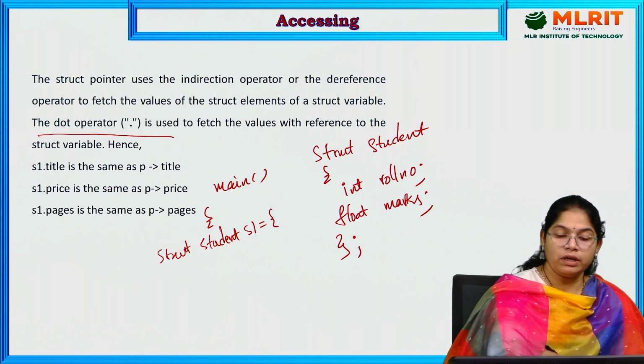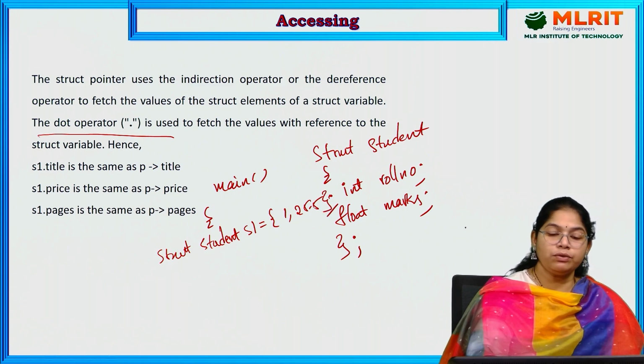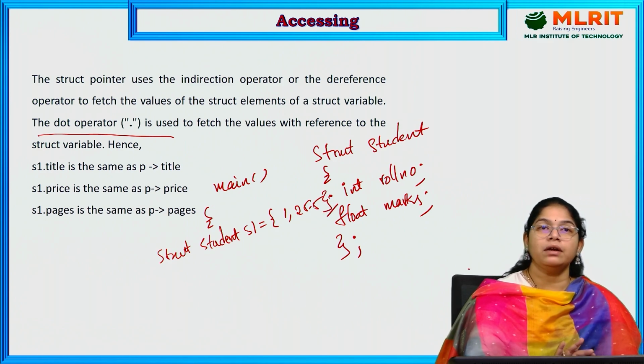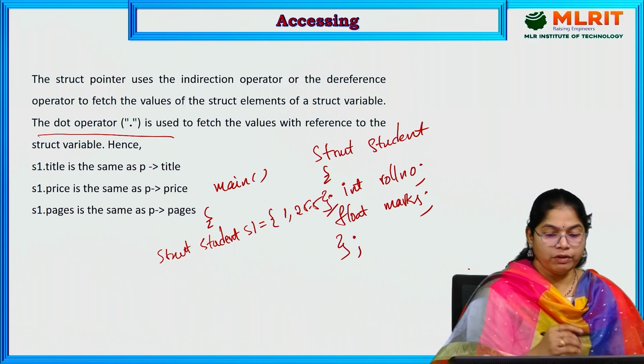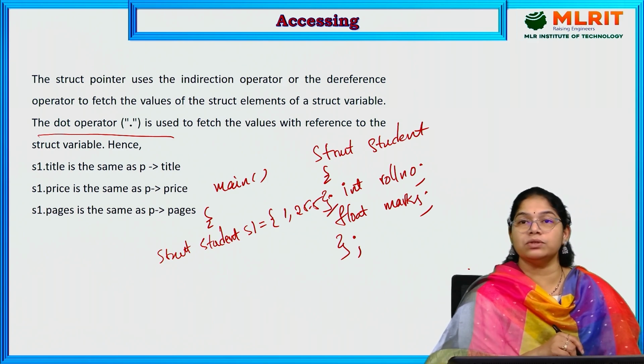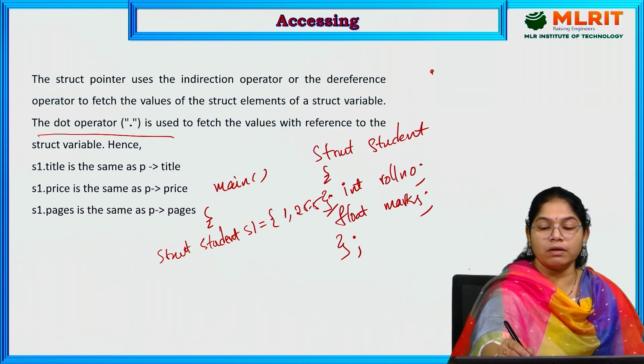First the roll number is 1, then marks suppose 25.5. Because here I have only 2 members, I have provided 2 values for the structure. Now, if I want to access these values, we have an access operator called the dot operator.